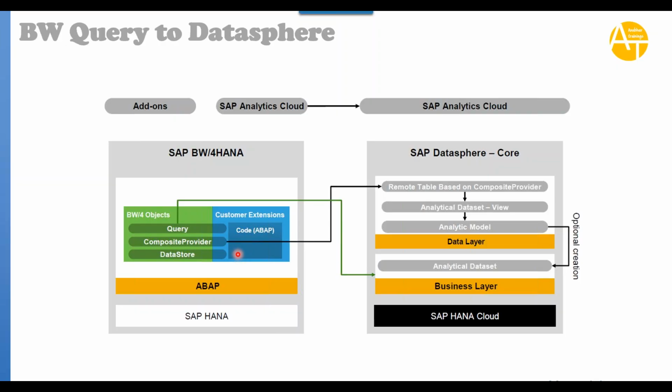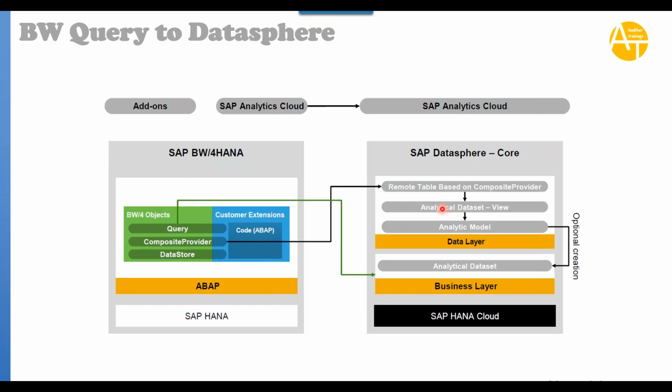different artifacts are automatically created in DataSphere inside the data builder. So in your data layer, the system will automatically create these different artifacts from the BW system. That is what the system does, and this approach is called model transfer. Automatically, these objects will be created inside the data builder.